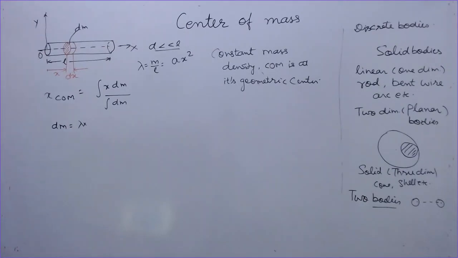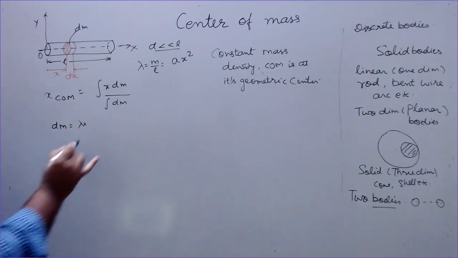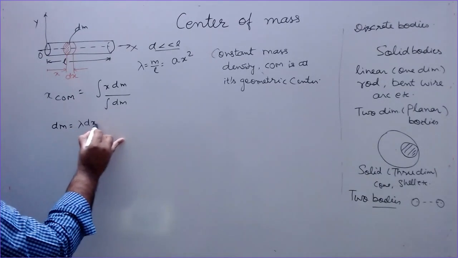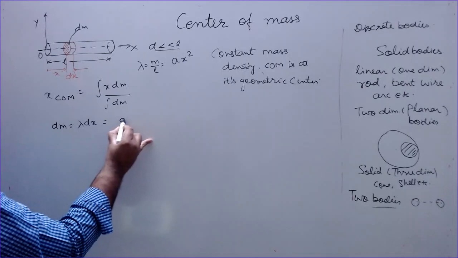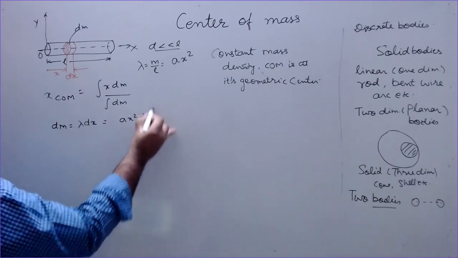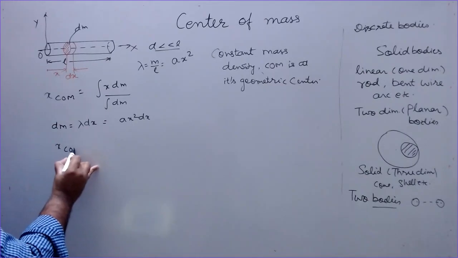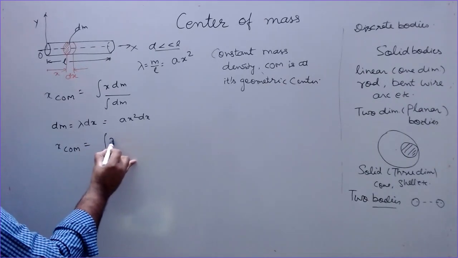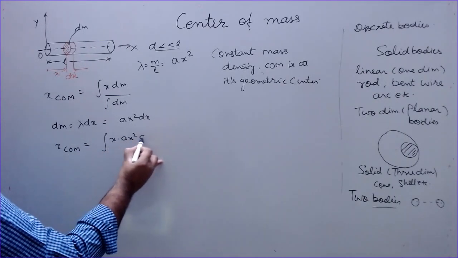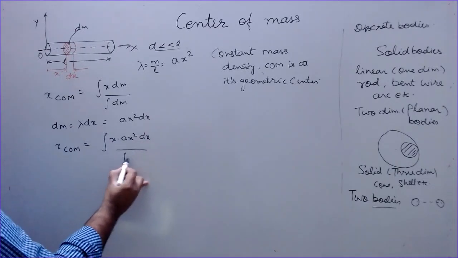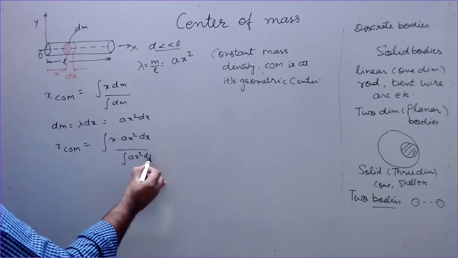Lambda is the mass density, so lambda into its length dx. So ax square dx. Here a is a constant. So x com is integral of x into ax square dx divided by integral ax square dx.